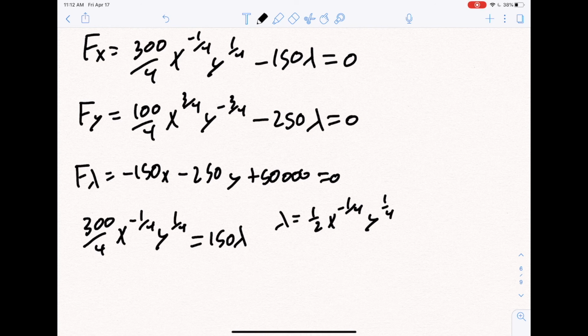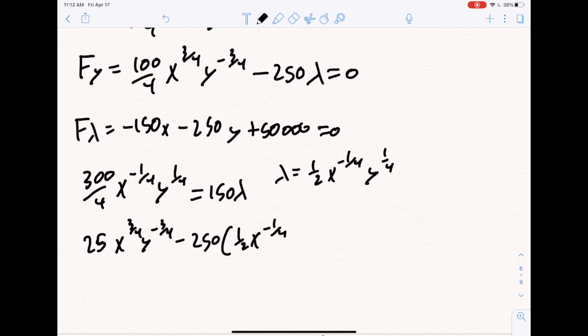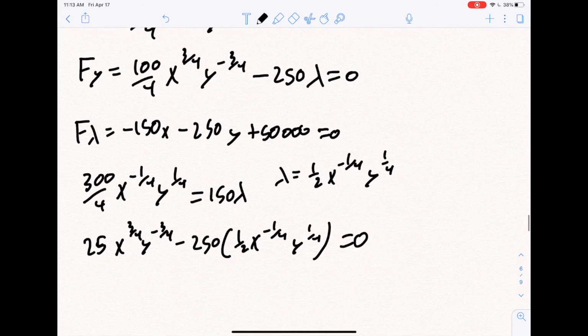With that in mind, we can plug lambda into the second equation. We get 100 over 4, or in this case just 25, x to the 3/4, y to the minus 3/4, minus 250 times 1/2, x to the minus 1 over 4, y to the 1 over 4 equals 0. And this will simplify down to 25x minus 125y equals 0. So this tells us that x equals 5y.